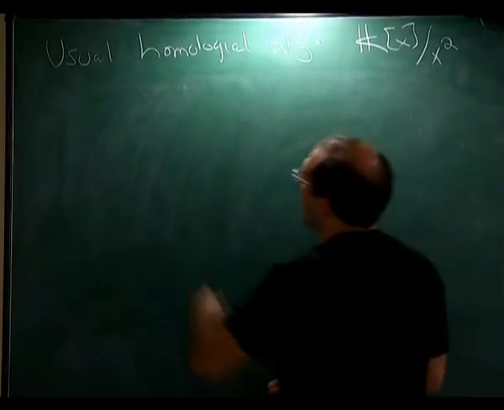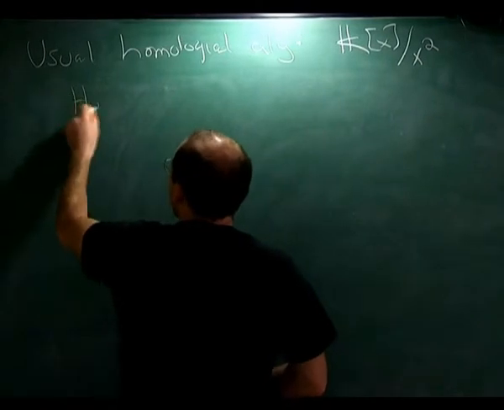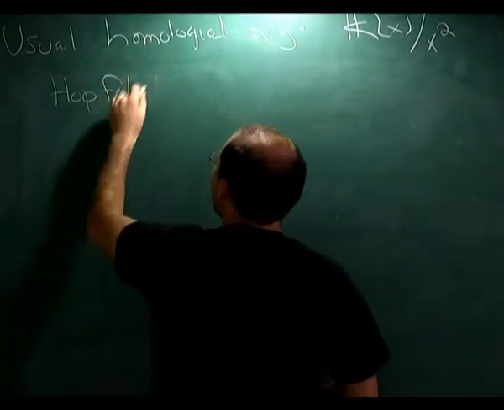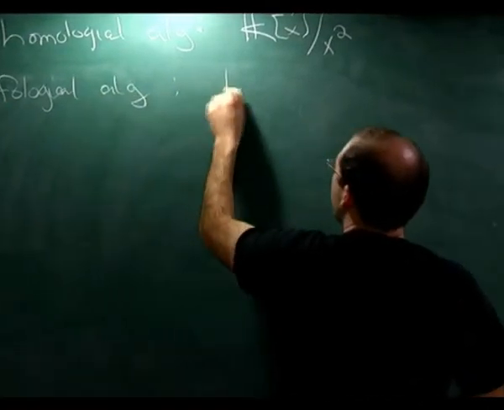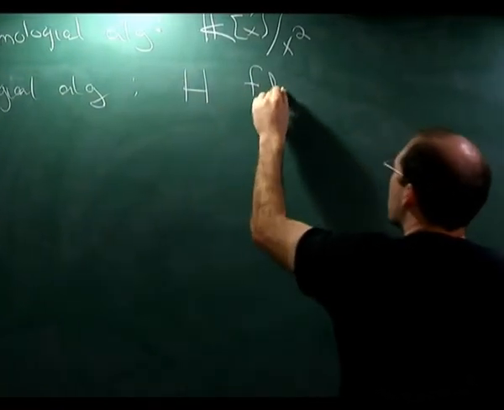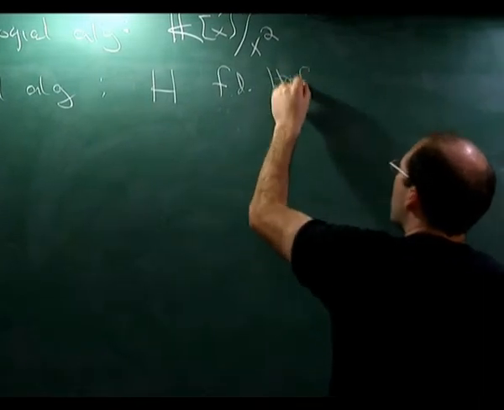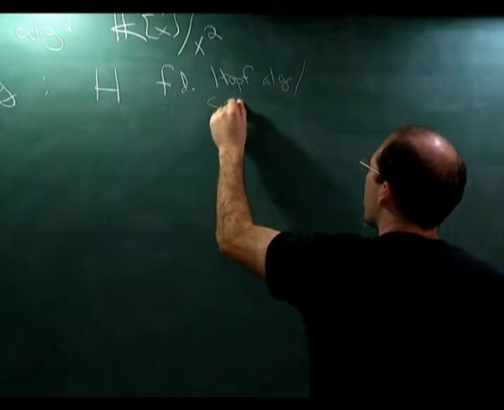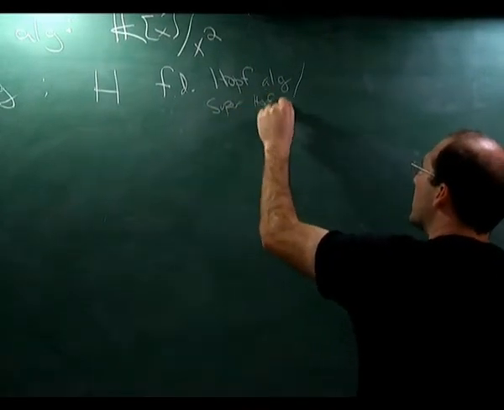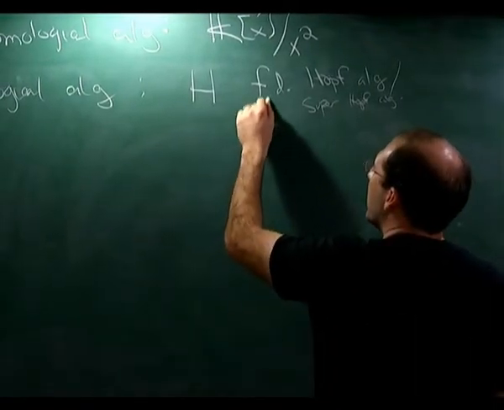But we're going to get something called homological algebra, which is associated to any finite dimensional Hopf algebra H, or super Hopf algebra, and finite dimensional graded. So I'll explain what that means in a moment.